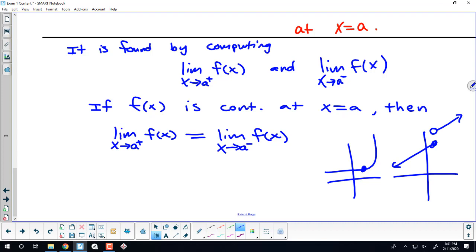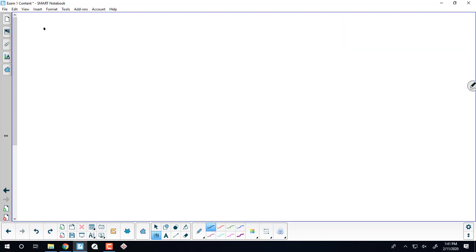Here it's continuous, but here it's not. So yeah, I don't know if that was helpful, but okay. Any other questions on this kind of stuff? All right, so that was section 2.5, question 13.